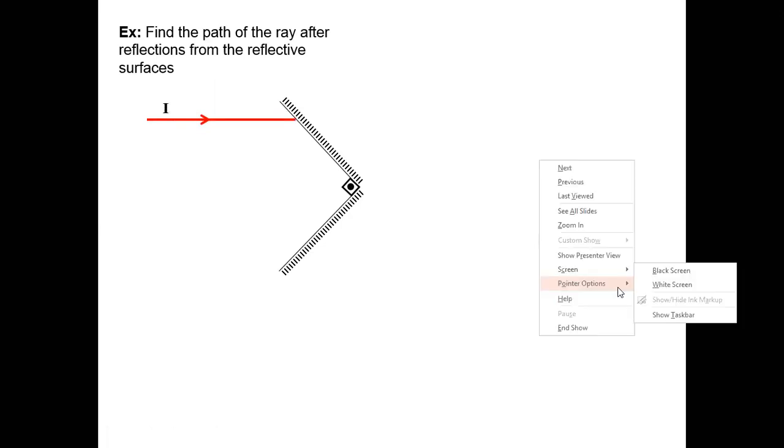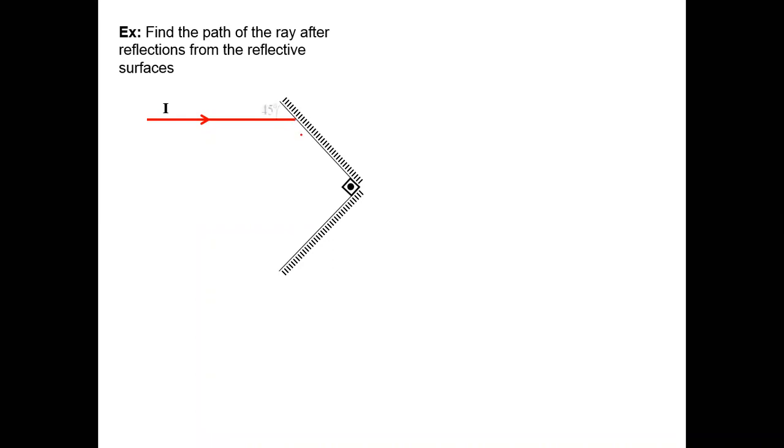There is an example over here. Find the path of the ray after reflection from the reflecting surfaces. For example, there are two surfaces at 90 degrees to each other. When you send a ray like this, what's going to happen? Let me just take the pen. Let's say you send it at 45 degrees, the reflection will happen, and you put a normal here. The normal is between the incident and reflected ray, and the ray is reflected.